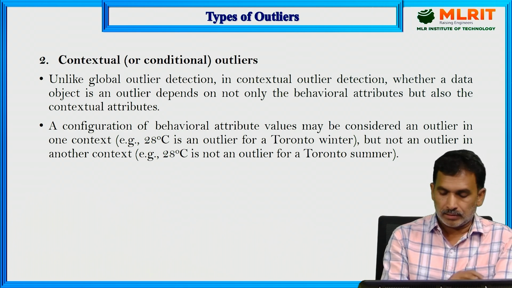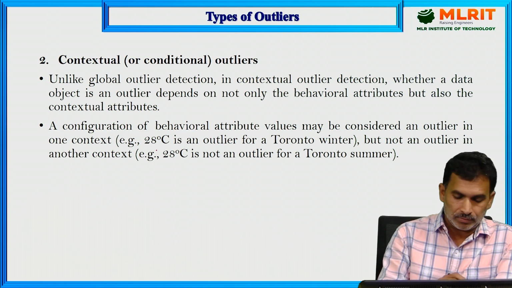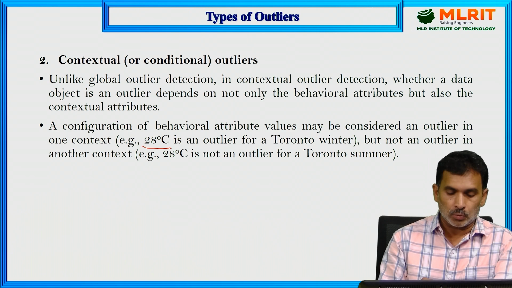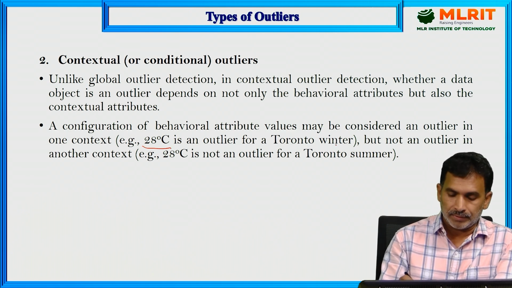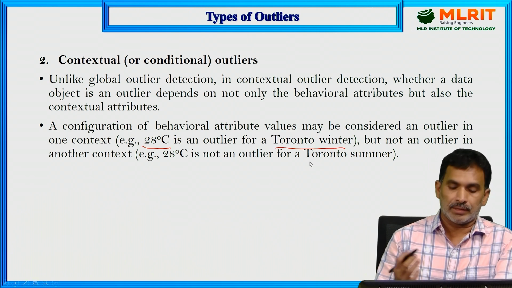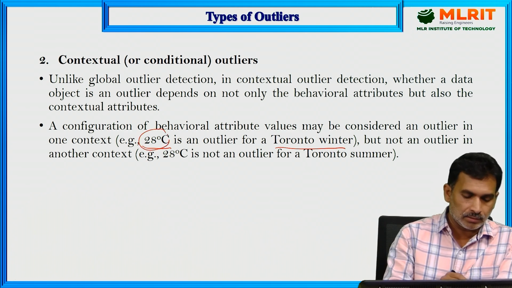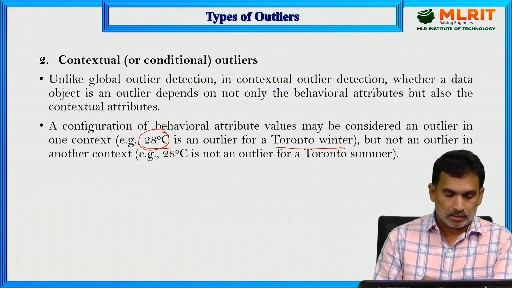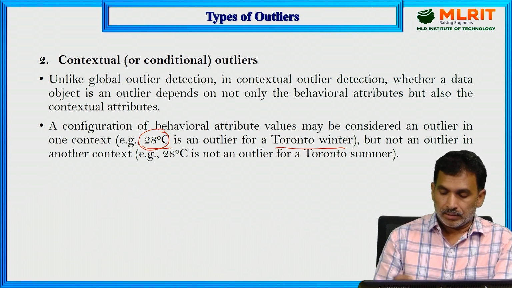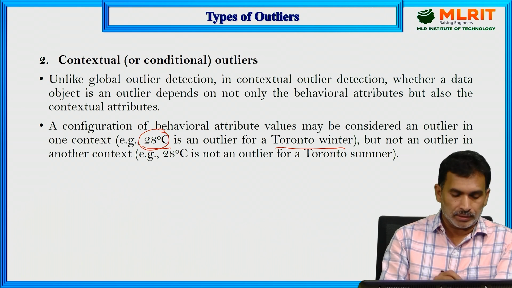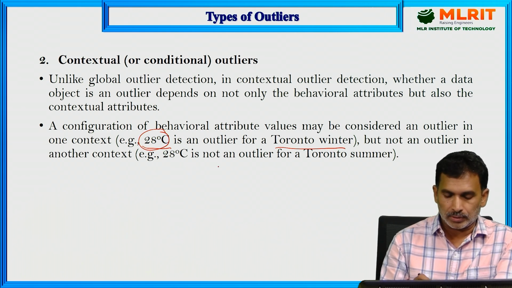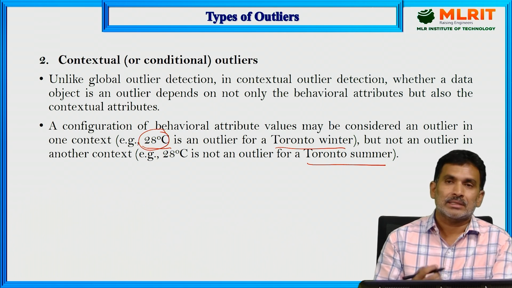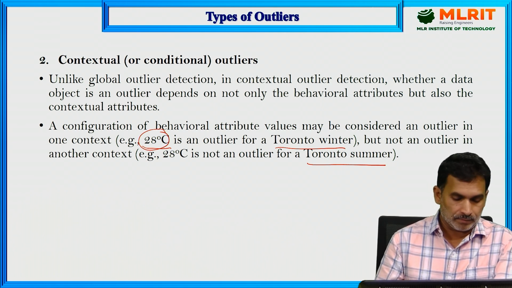For example, from the textbook, 28 degrees Celsius is an outlier for a Toronto winter, because winter temperatures are very low and this is a normal day temperature. But it is not an outlier for a Toronto summer. The same data point would not be an outlier in another context.